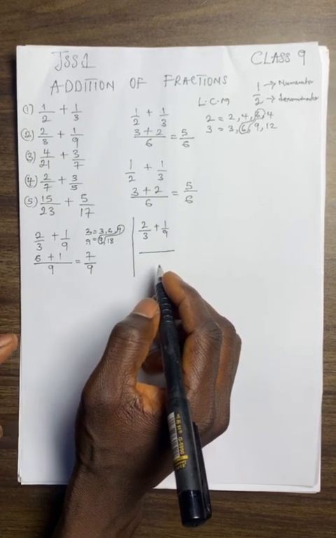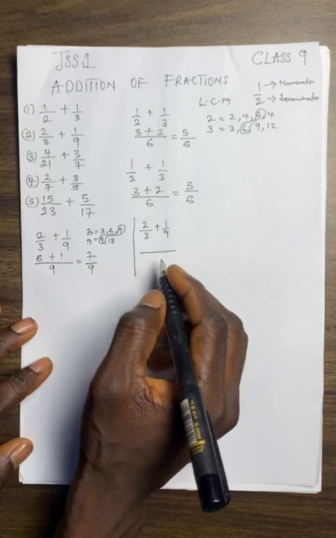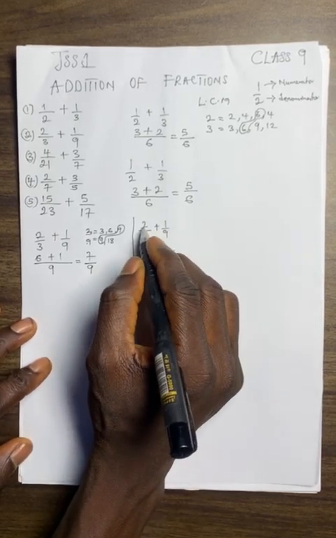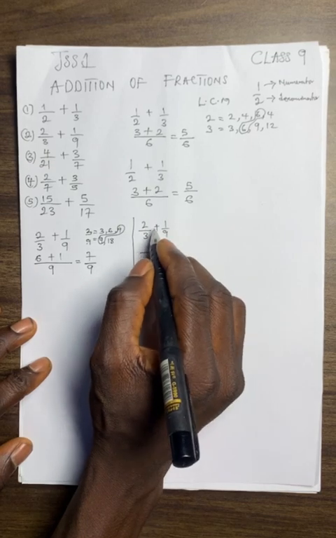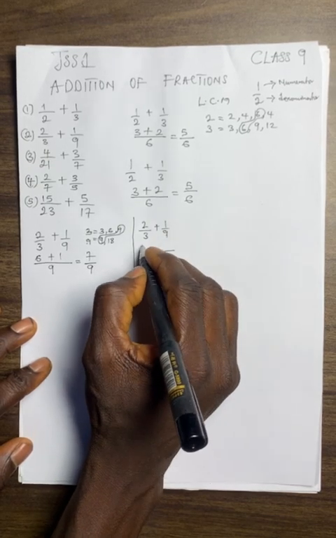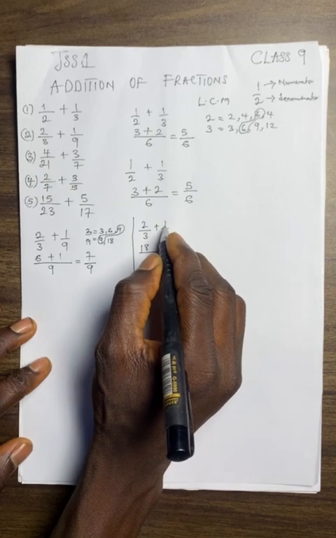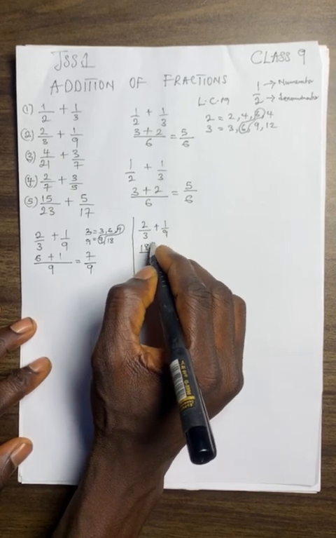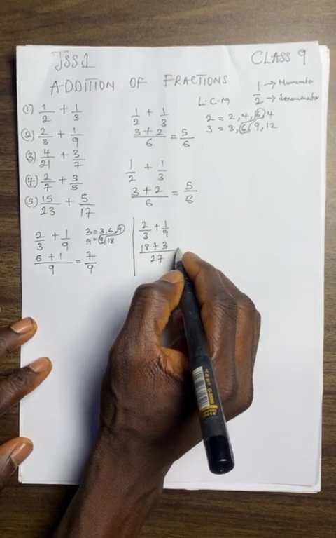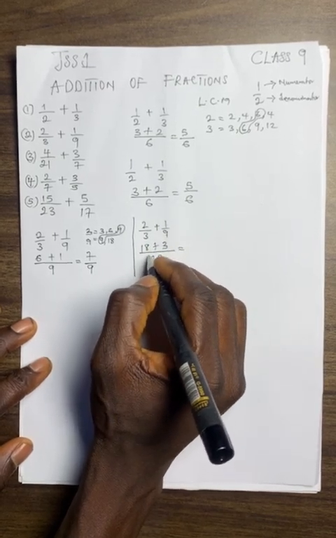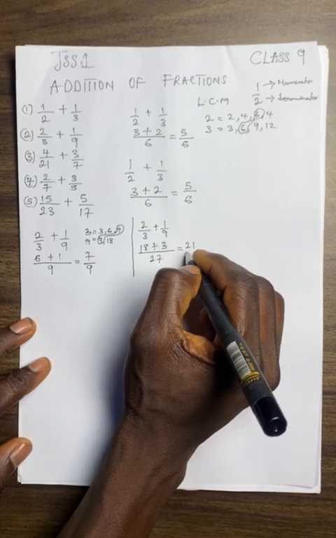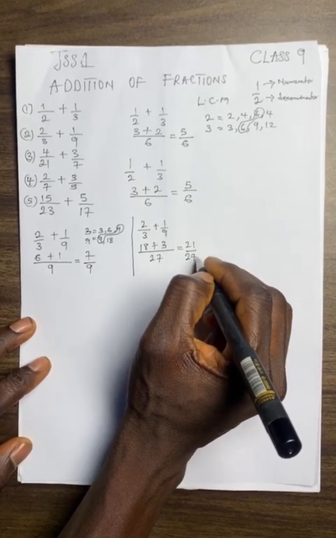Then, to get this, we multiply this by this. 2 multiplied by 9 is what? 18. Then, to get the one here, we multiply this by this. 3 multiplied by 1 is 3. Then add these two together. 18 plus 3 will be what? 21. Then we have 21 over 27.